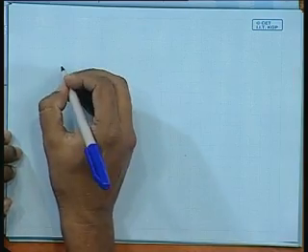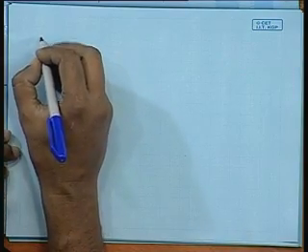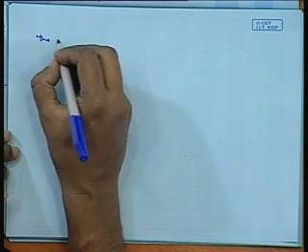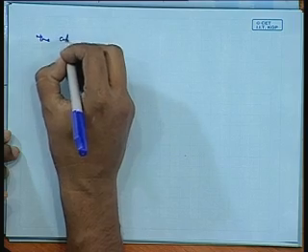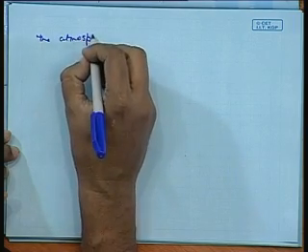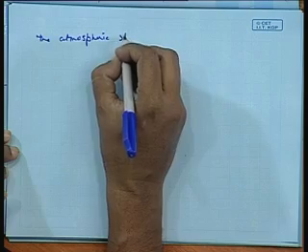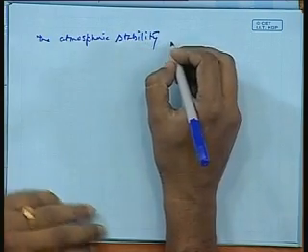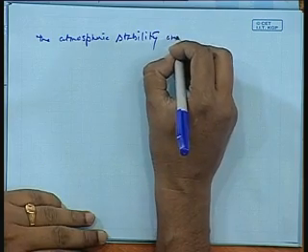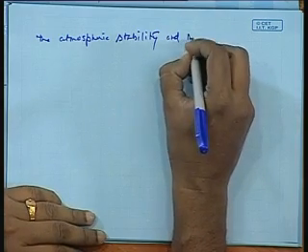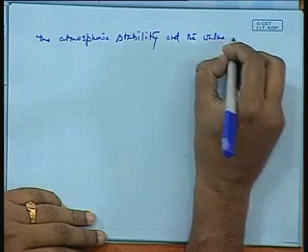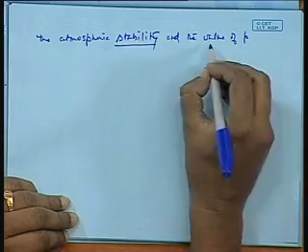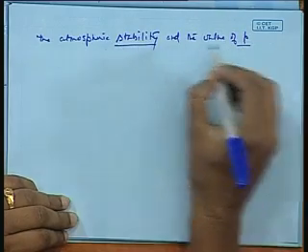You will understand now. This is another important aspect: atmospheric stability and the value of P. Atmospheric stability and the value of P. I will come back to this atmospheric stability.